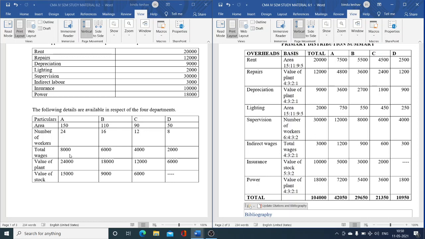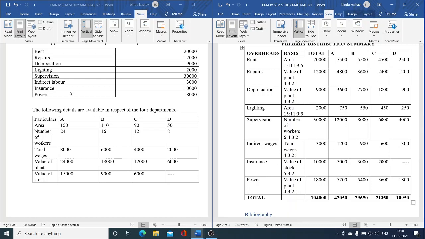So the ratio will be 8:6:4:2, which can be further simplified by dividing by 2 to 4:3:2:1. So 3,000 rupees will be distributed among the different departments as 1,200, 900, 600 and 300.